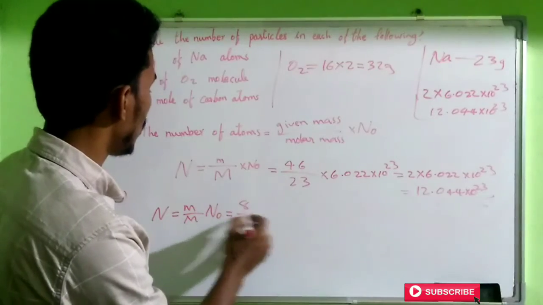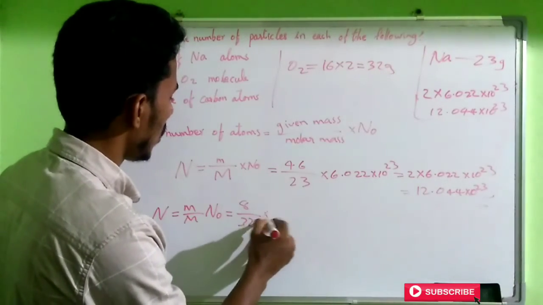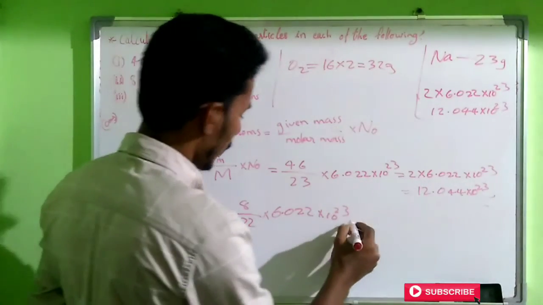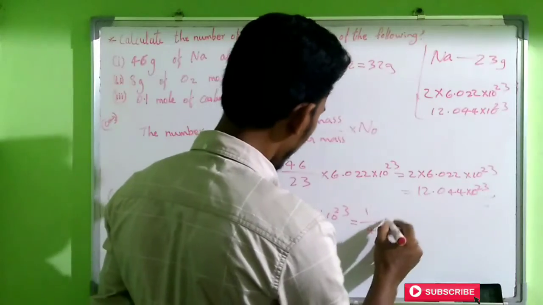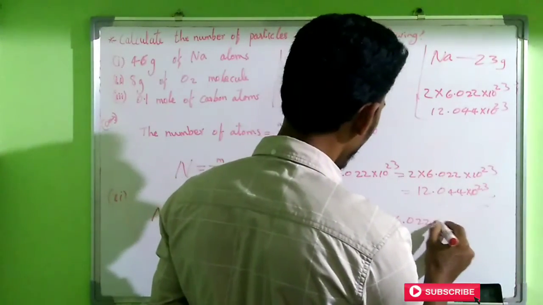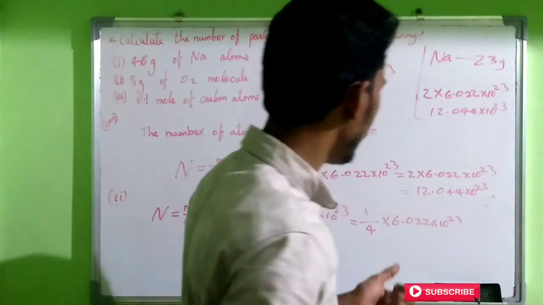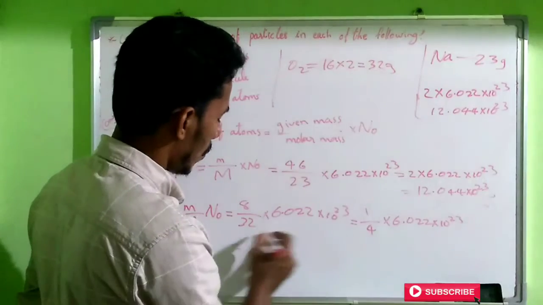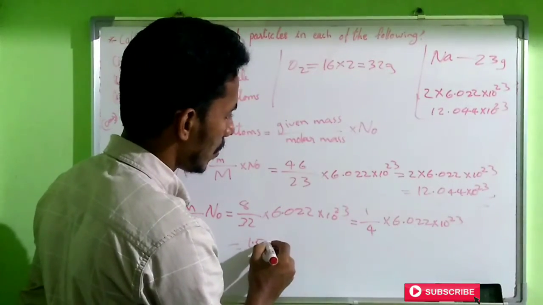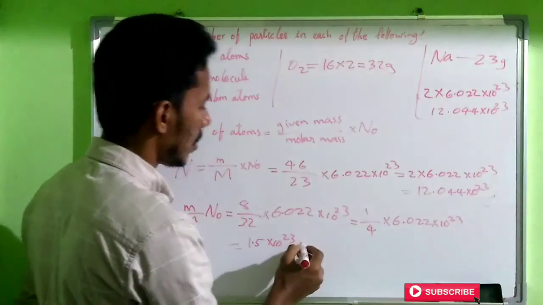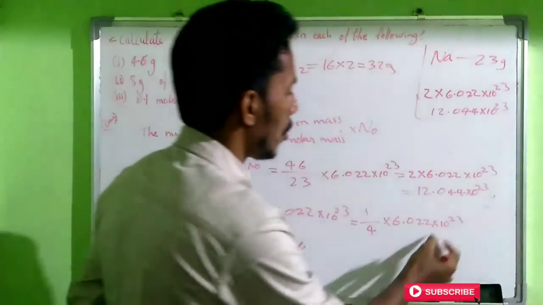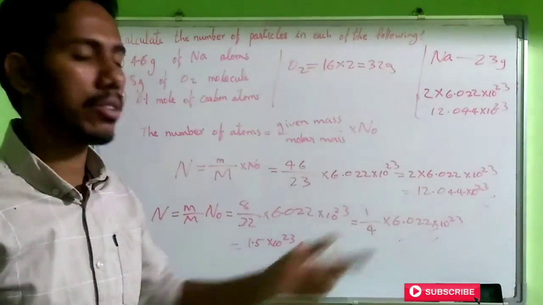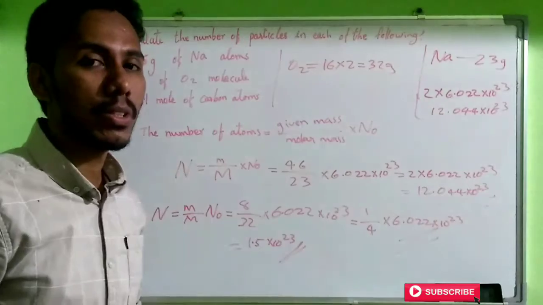Given mass is 8, molecular mass is 32, into 6.022 into 10 raised to 23. The answer is 1 by 4 into 6.022 into 10 raised to 23, that is 6.022 by 4, then 1.5 into 10 raised to 23 is the answer. If you stop at 1 by 4 into 6.022 into 10 raised to 23, it is also correct.